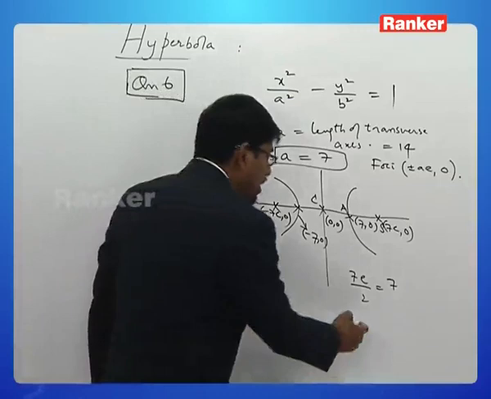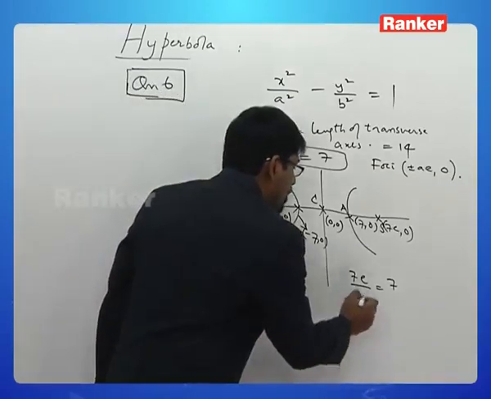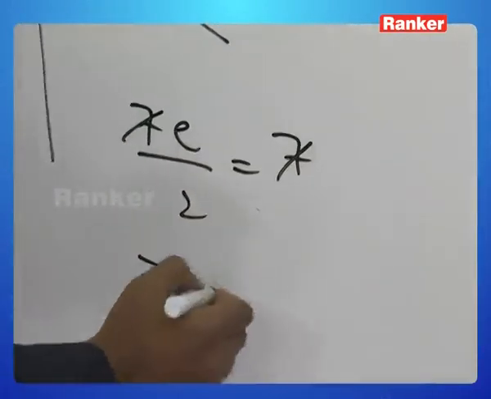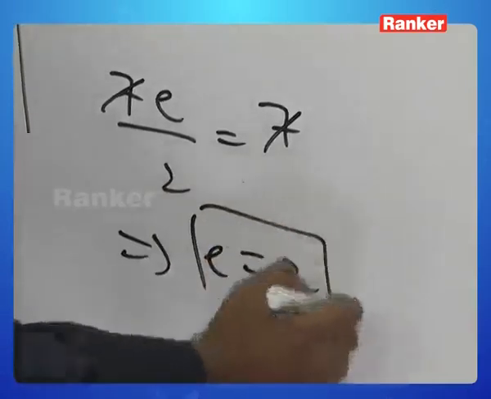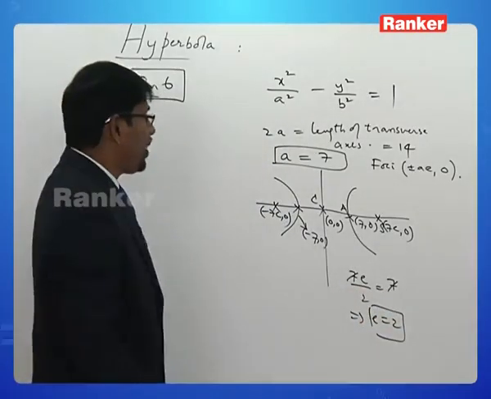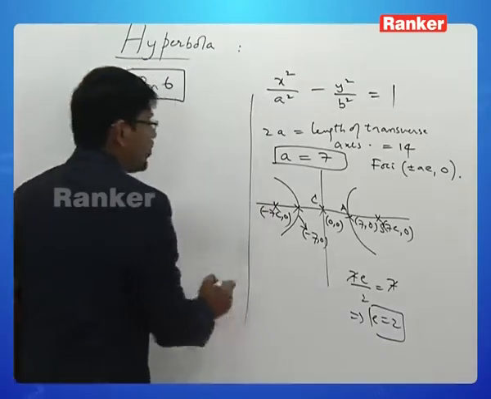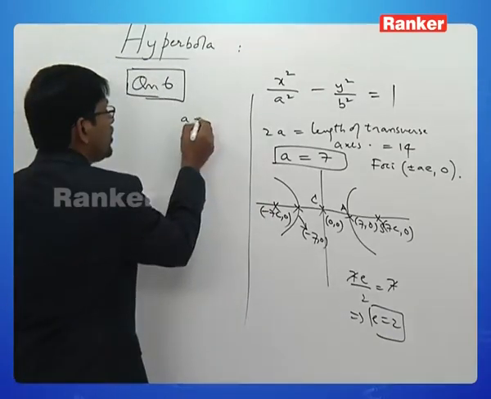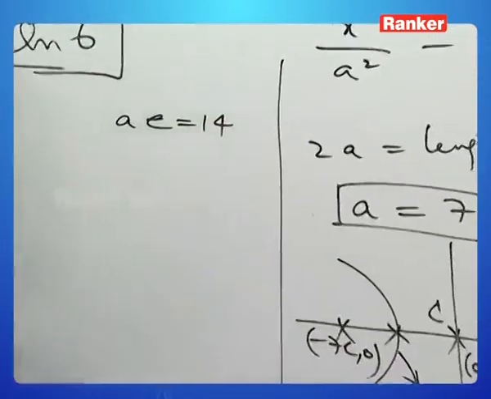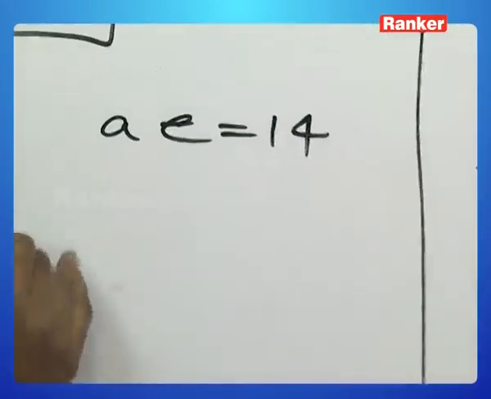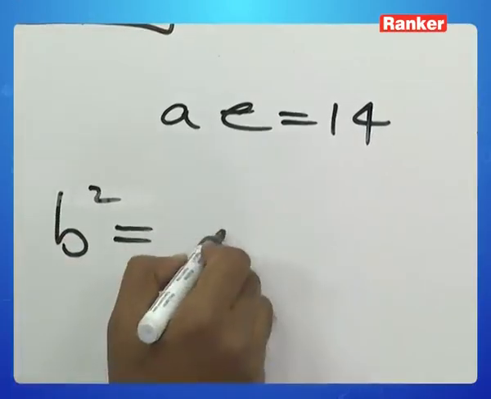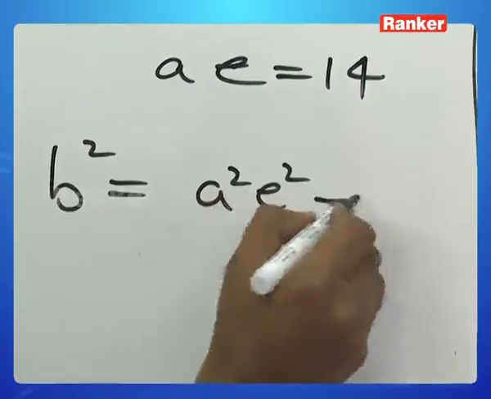So what is our E? Clearly, E has to be 2. If E is 2, what is AE then? AE has to be equal to 14. And what do you know about B square? B square is equal to A square E square minus A square.